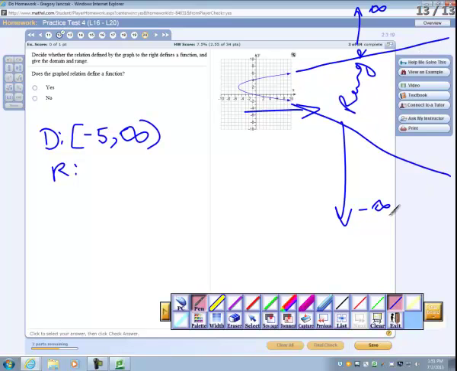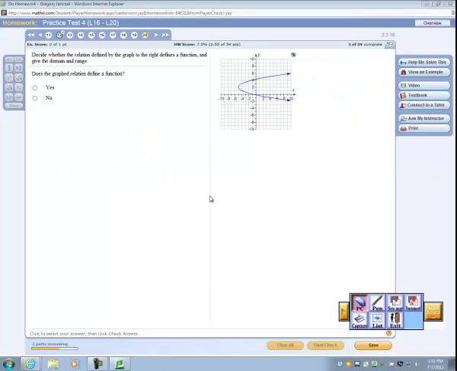So we can say that this is what, for the range? Travis? Right. Negative infinity to infinity. Good. All right, questions with that? All right.